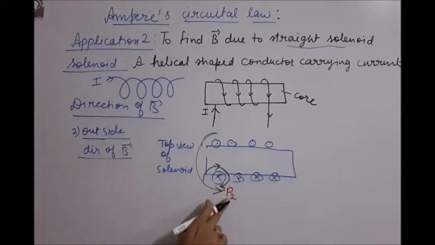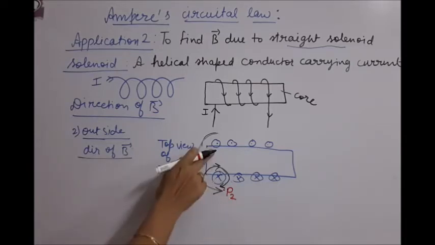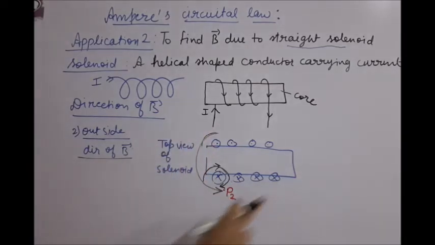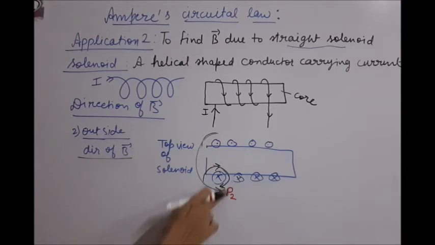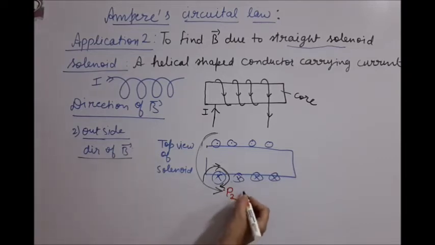So at point P2, due to this current, the magnetic field is here, and due to this current, the magnetic field is here. So when we are just outside the solenoid, the two magnetic field directions cancel each other. So for the outside point, the magnetic field is approximately 0.